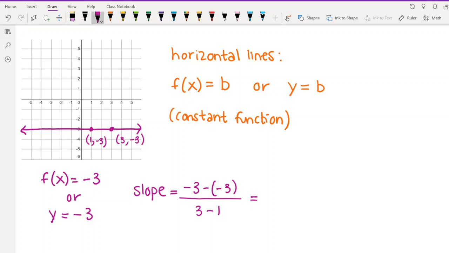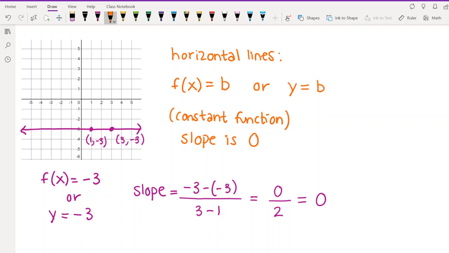Because -3 minus -3 is -3 plus 3, which is 0, over 2. And so the slope would be 0. And so for any horizontal line, the slope is always going to be 0 because basically there is no vertical change, right? If you think about slope as representing the rise over the run, there is no rise.